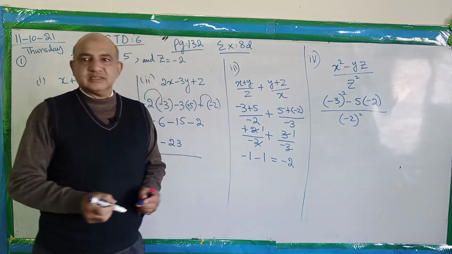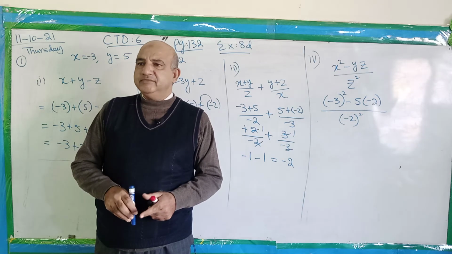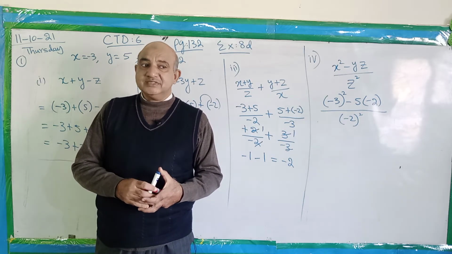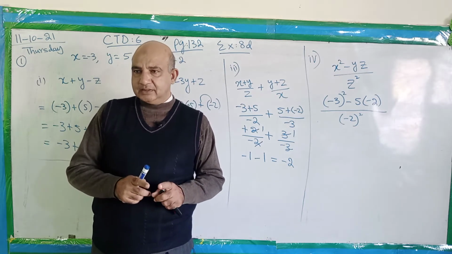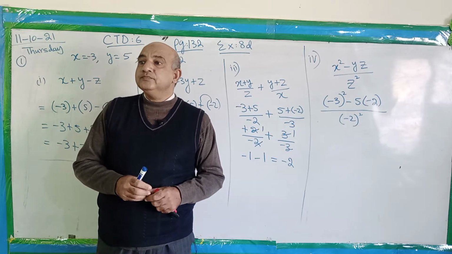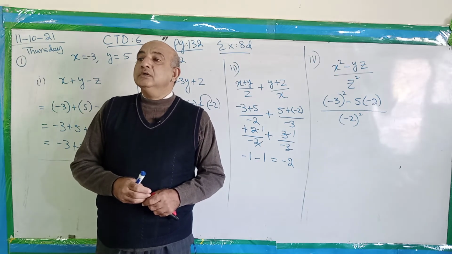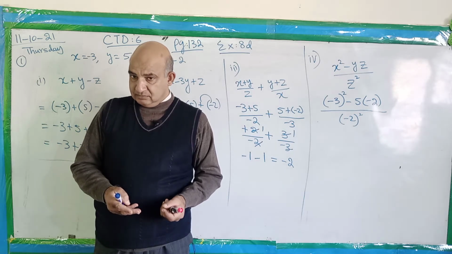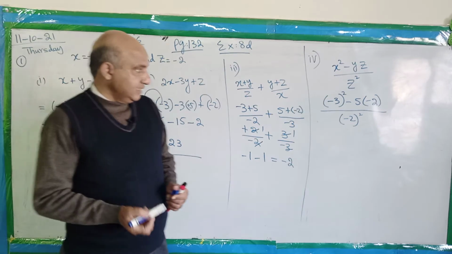When there is an even power of a negative number, what happens? I have told you this thing also. When there is a negative sign and the power of the negative sign is an even number, what happens? Sir, the sign will change. When it is minus, we make it plus. Yes.